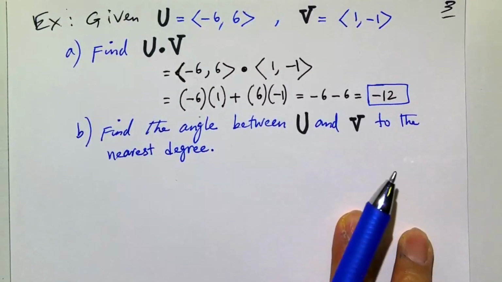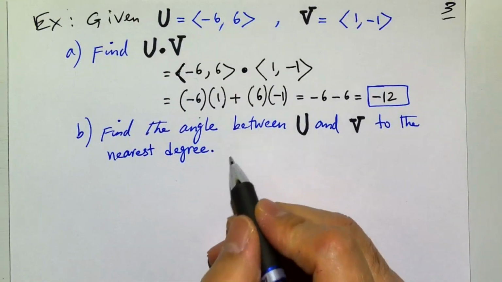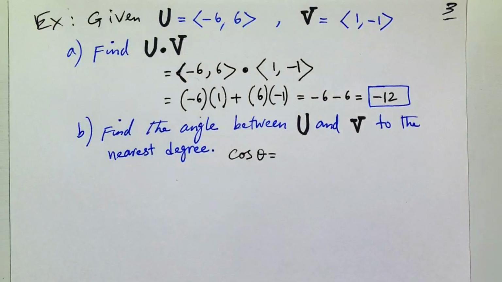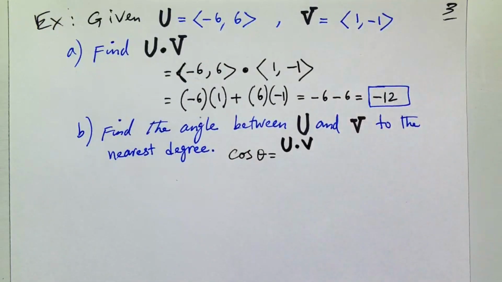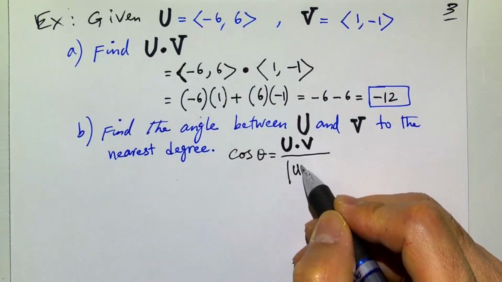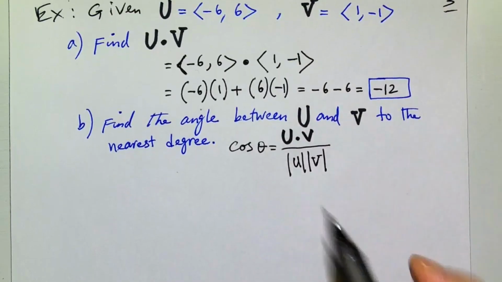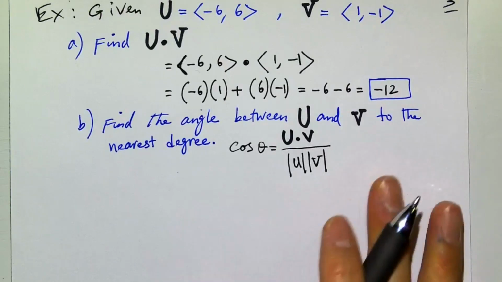So we know that the cosine of theta is equal to u dot v, the dot product, divided by the product of the magnitudes of both vectors. So we already have that, right? That's negative 12. So let's plug it in.